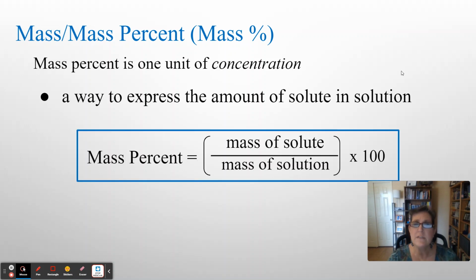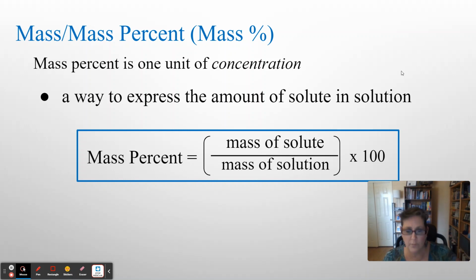Now remember, a percent is always part over total times 100. So a mass percent is going to be mass of the solute, which is part of the solution, over the total mass of the solution times 100.